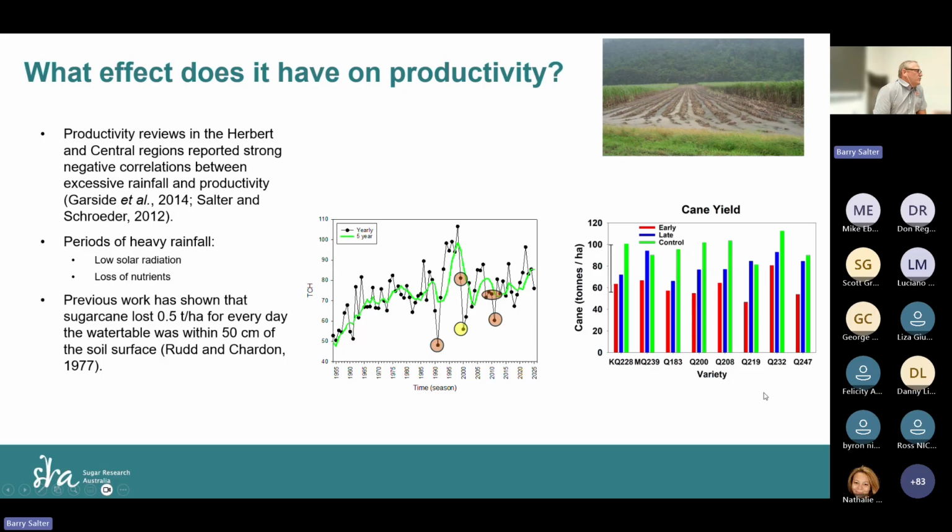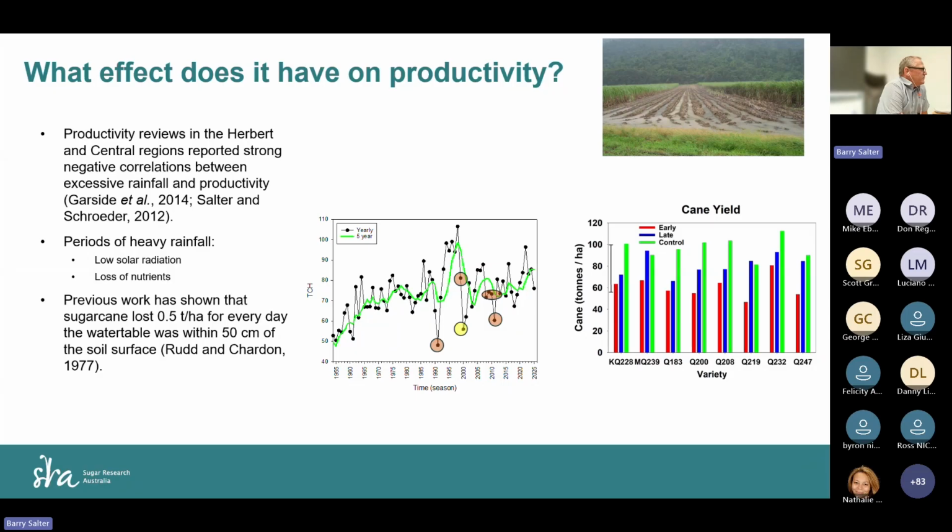We did do some work, or certainly new work in comparison to that paper from 1997. This is some data from a trial where we had eight varieties in a trial in England where we imposed waterlogging.